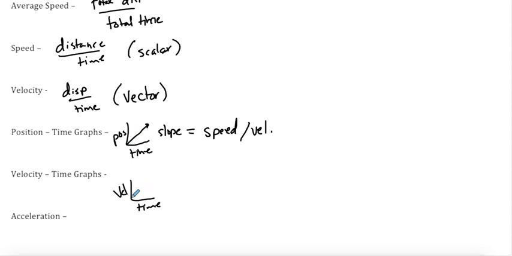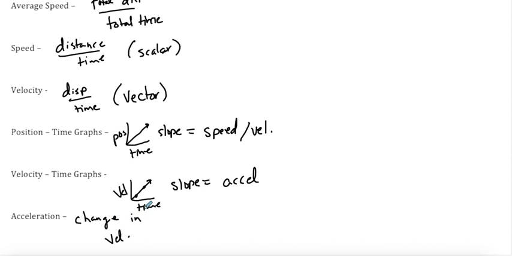All right, if we look at velocity time graphs, our slope here tells us acceleration, because we can find the slope of this line where you'd have a velocity here and a velocity here, find the slope between those 2 points, and we're going to have acceleration. Okay, and acceleration is the change in velocity.